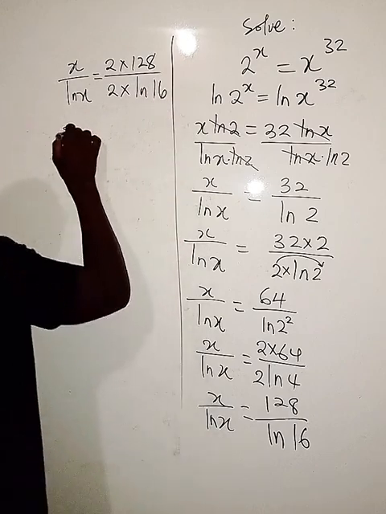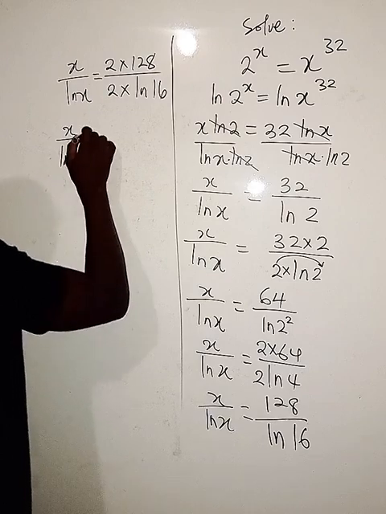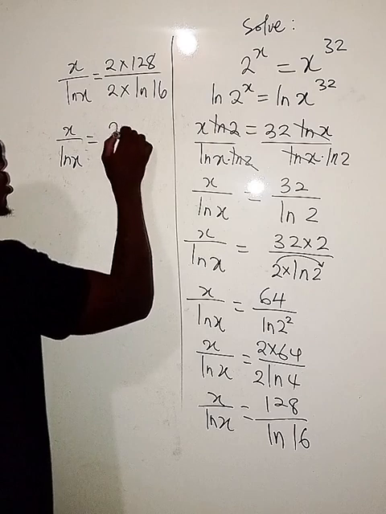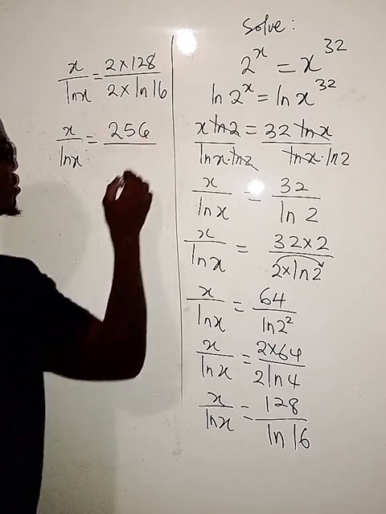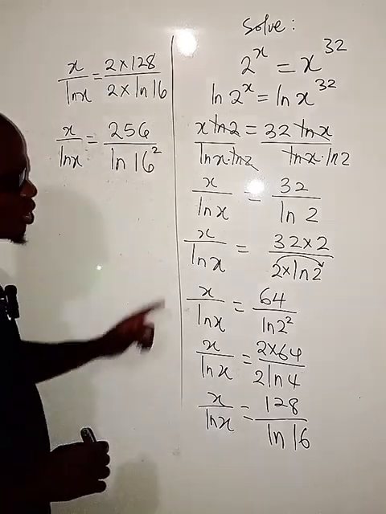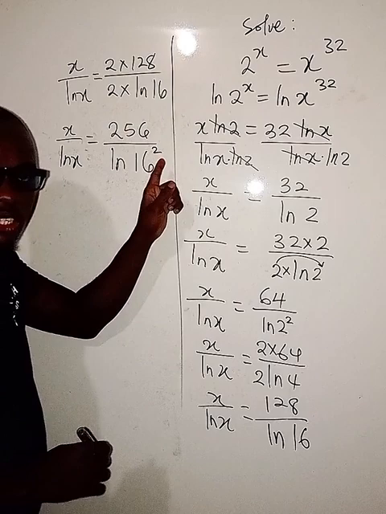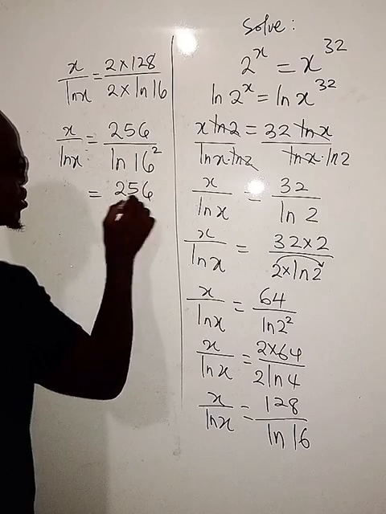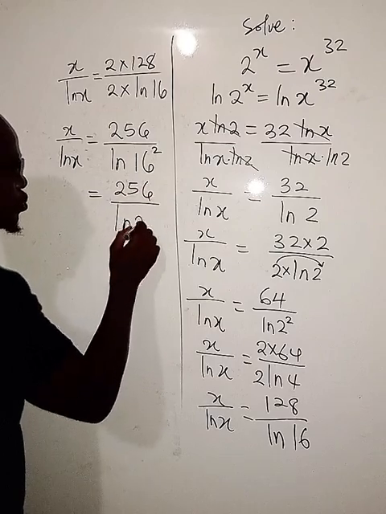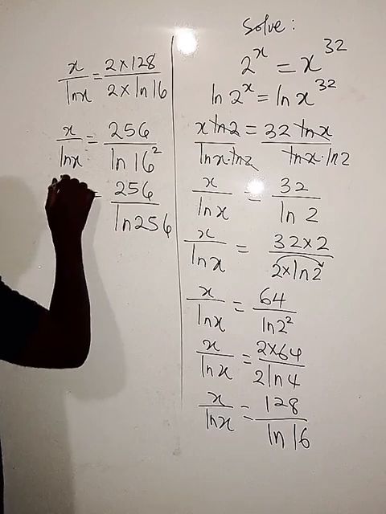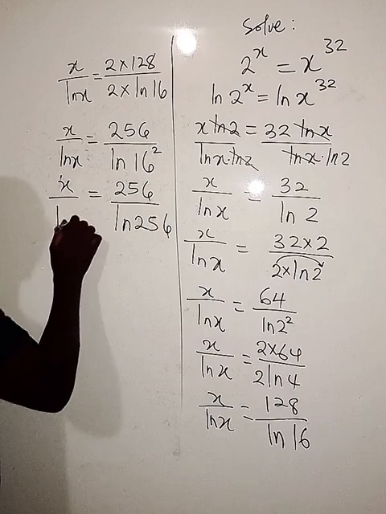That is 256 divided by ln of 16 squared, and 16 squared gives us 256. So we have ln of 256, then we have x all over ln of x.